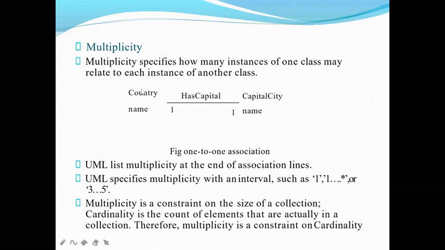The teacher teaches subject. So the teacher will be the class name, teaches will be the relationship, and subject will be another class name. What kind of relationship can I give? I can give one to one. One teacher teaches one subject. So it will be an association of one to one.